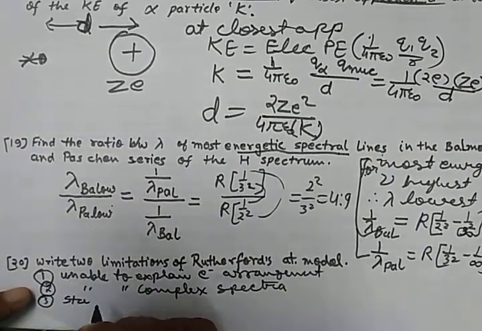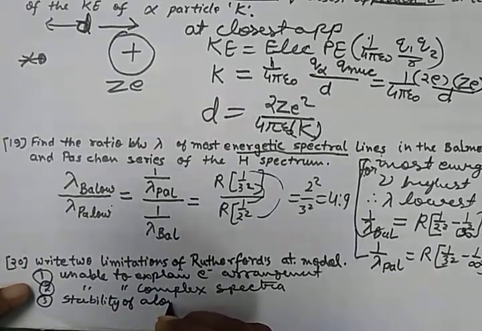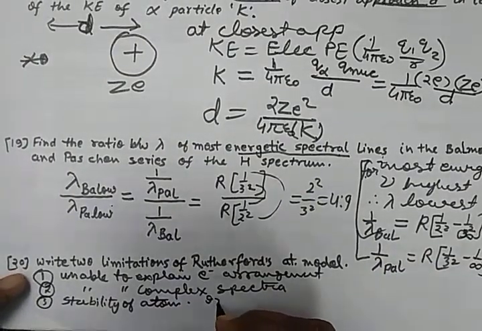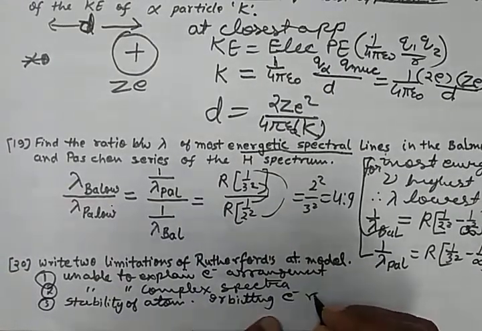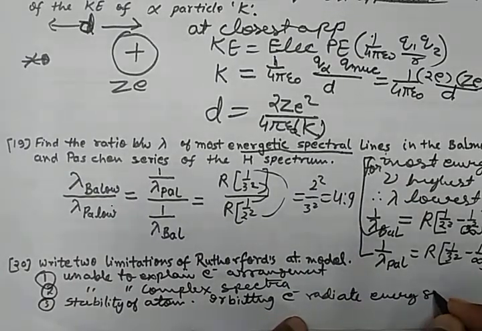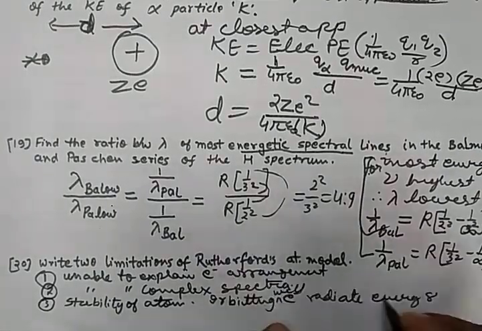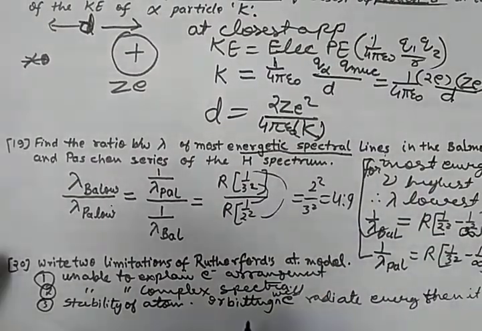Actually two are asked, but I'm writing the third one also. Stability of atom, and then that whole story: the orbiting electron will radiate energy, then it should fall into the nucleus.